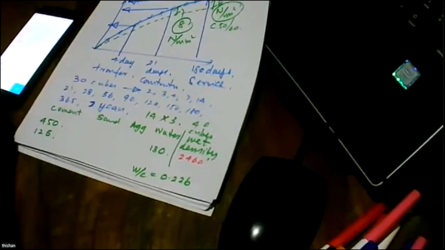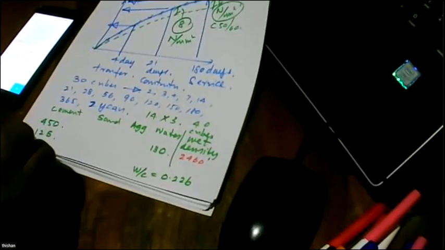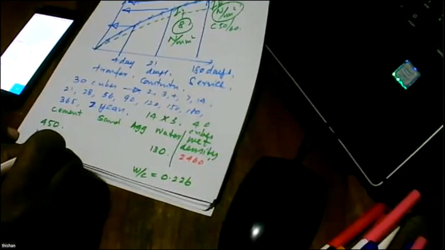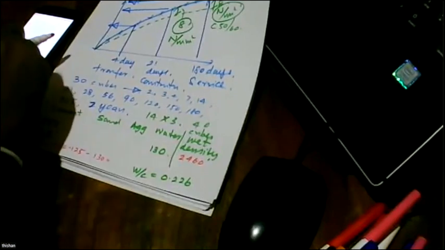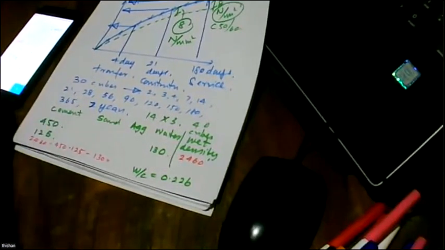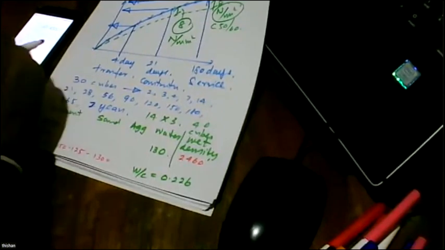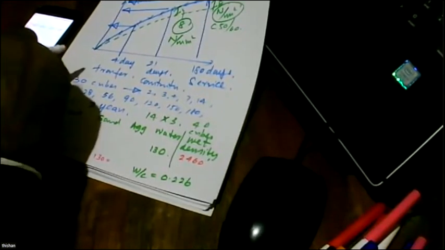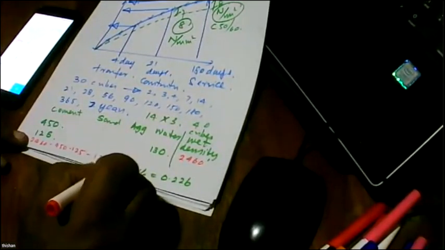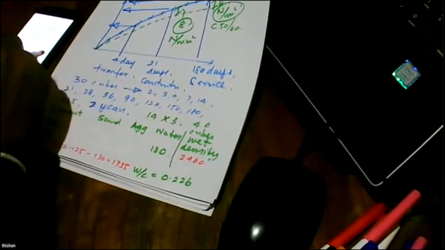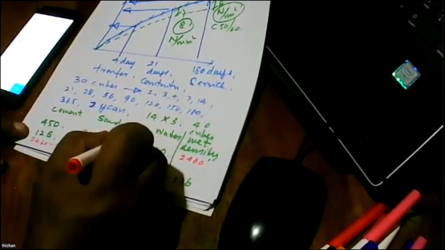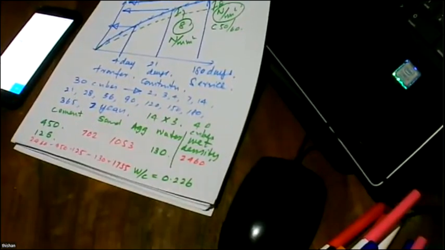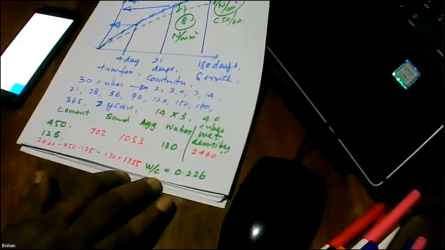So now you get 2,460 minus 450 minus 125 minus 130, and you get 1755 divided by 2.5. You get 702 and 1053. Right, 1053.